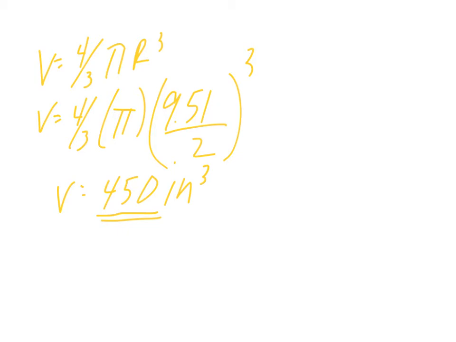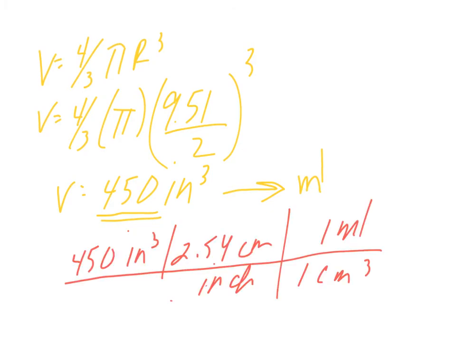Now, obviously, this is in terms of cubic inches, and it's probably better for me if I change the volume into milliliters. And so I'm going to use a dimensional analysis setup, and I'm going to change from cubic inches to cubic centimeters to milliliters. Okay, I'm starting out with 450 cubic inches.